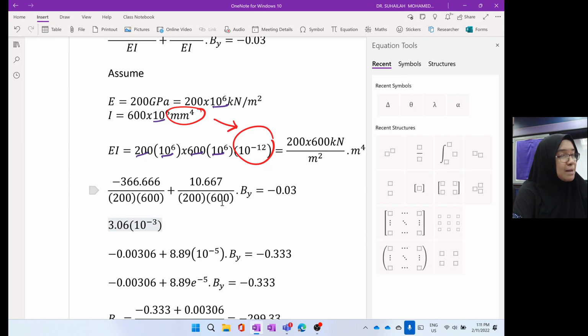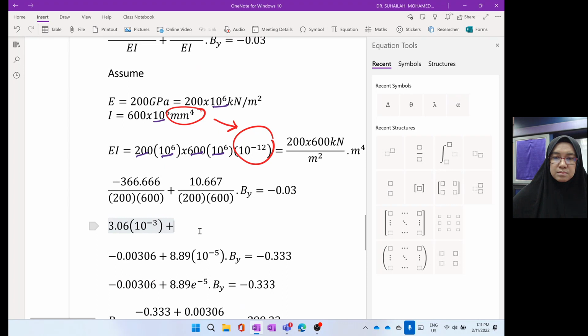Okey, 8.89 eksponen negatif 5 tukarkan jadi kuasa negatif 3. Berapa? 0.0889. So boleh pakai 10 negatif 3 kan? 0.08889. Eksponen negatif 3. Betul. Okey.